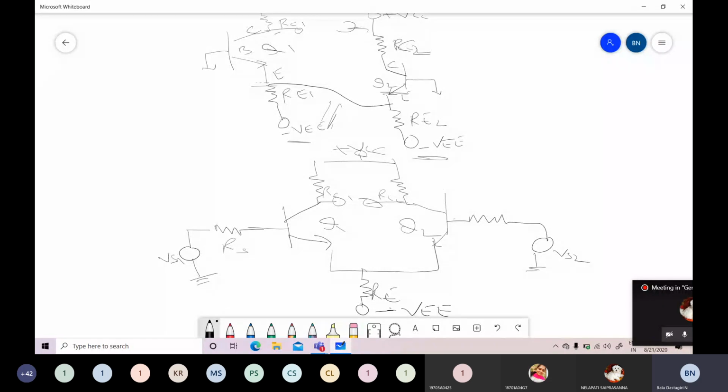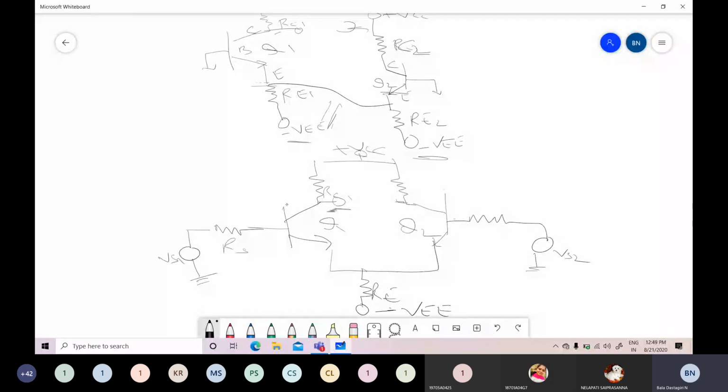Similarly, there are four configurations of differential amplifier. The first configuration, which we have seen, is dual input balanced output. The second configuration is dual input unbalanced output, where the output voltage is taken across only one collector, with two inputs.